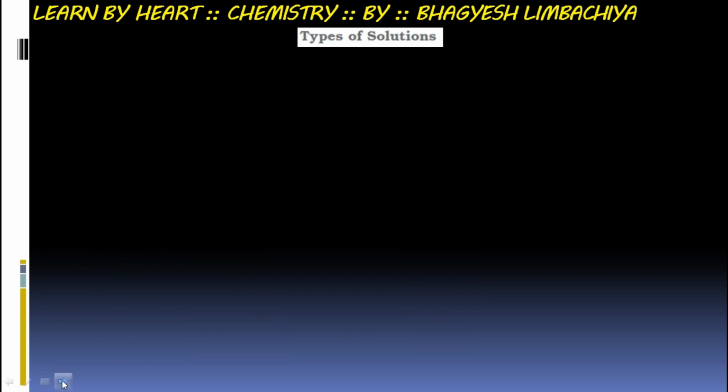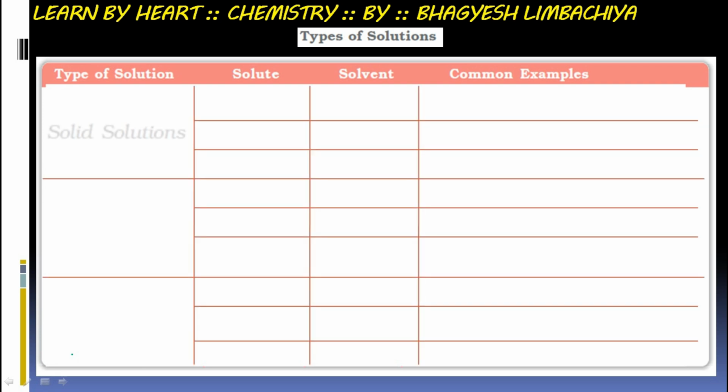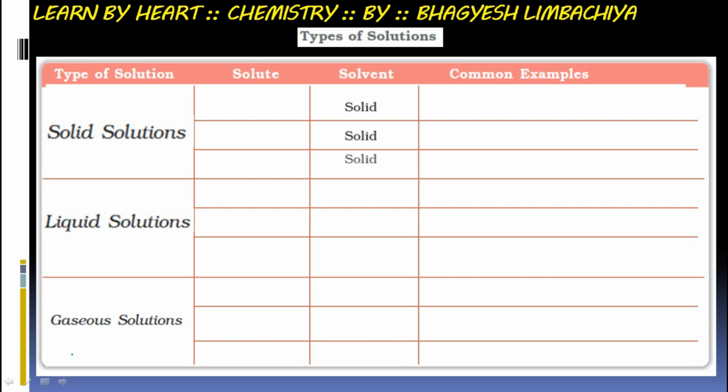Now we are taking types of solutions. We know that there are three types: solid solution, liquid solution and gaseous solution. As the physical state of the solution and the solvent is the same, in a solid solution the physical state of solvent will be solid, for liquid solution liquid, and for gaseous solution gas.